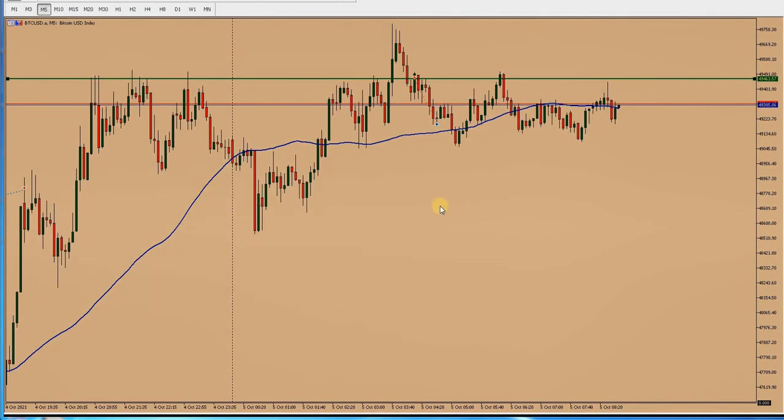I know many traders would say the 20 moving average or 50 moving average or 200 moving average are strong support and resistance, and the market would bounce off them. It's true, but not all the time. As you can see, the market here did not even respect the 60 moving average and just went through it. It did not bounce.